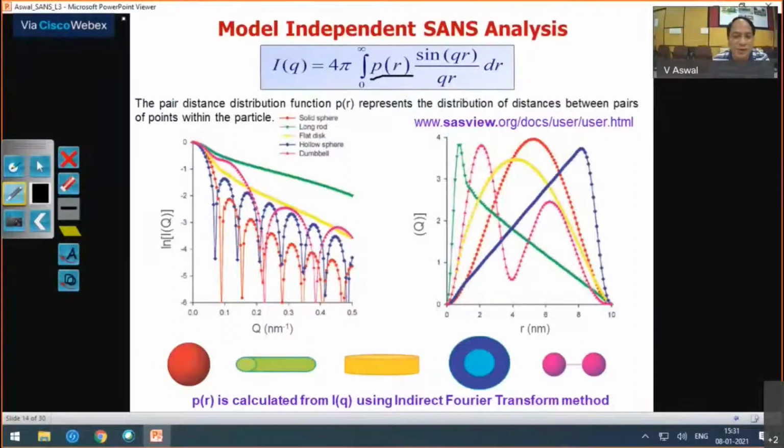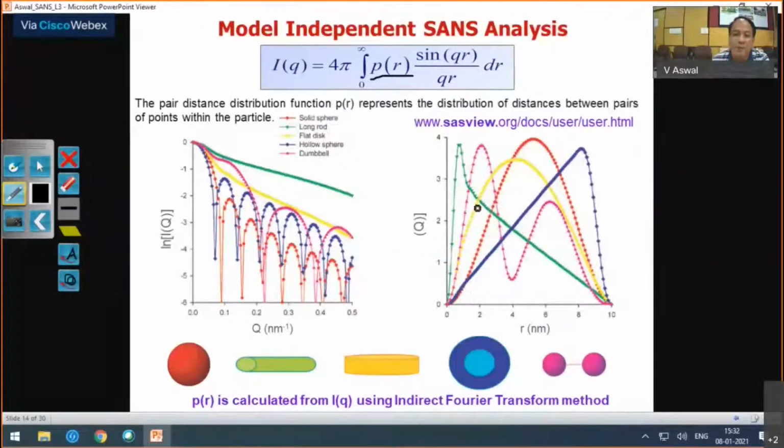What is shown here is your scattering pattern for different shapes of particles. As I told you, your profiles will be different for different shapes of the particle. But if you do the inverse Fourier transform of these patterns, you get P of R. This is P of R for a sphere. It is a symmetric distribution.